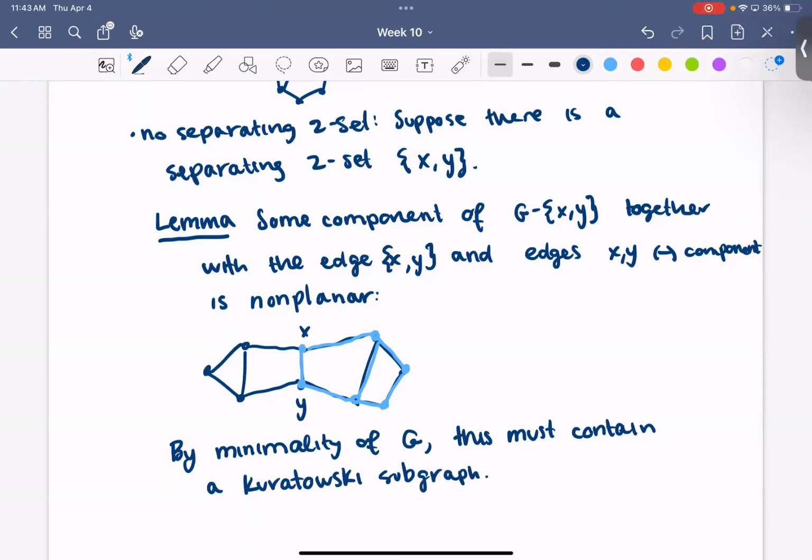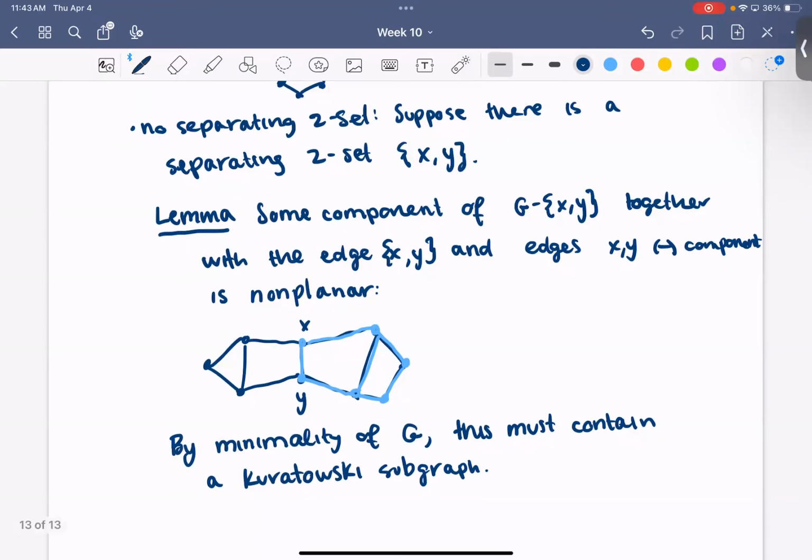So okay, what happens if this edge does not actually exist in G? Then we could just replace it by a path that goes through the other component.